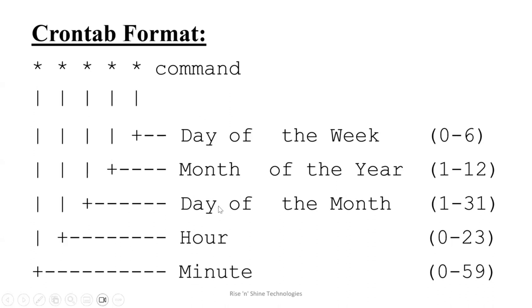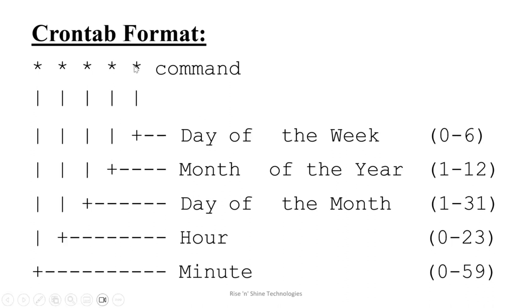Day of the month doesn't matter for me. Month of the year doesn't matter for me. But day of the week: every Monday 7 a.m. Yes, 7. So 0 first, next 7, next asterisk. Day of the month we don't have any specific one, then use asterisk. Month of the year also we don't have a specification, then use asterisk.